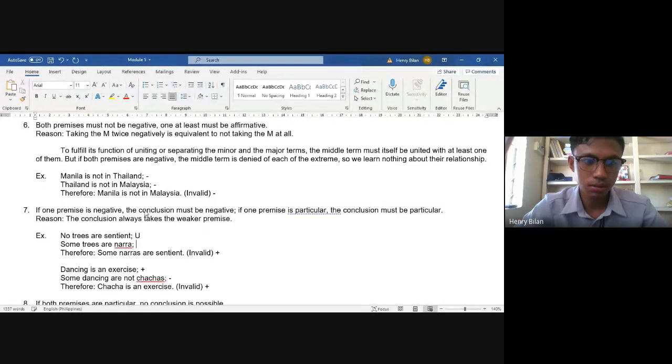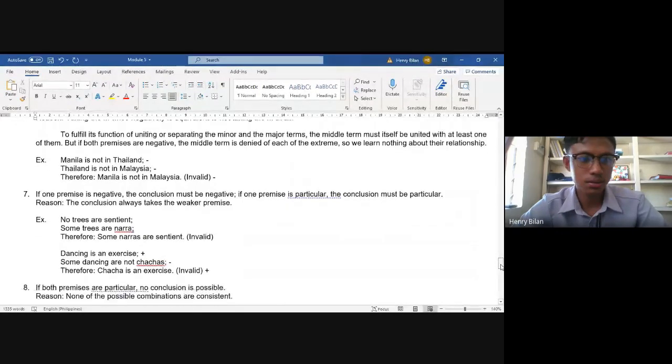Particular yan. That's the right combination. At kapag ganyan, sinasabi dito dapat this is universal. Universal. Anong conclusion natin? Is it universal or particular? Sinasabi dito dapat particular. Kapag naging universal siya, maging invalid. Okay? So that is rule number 7.